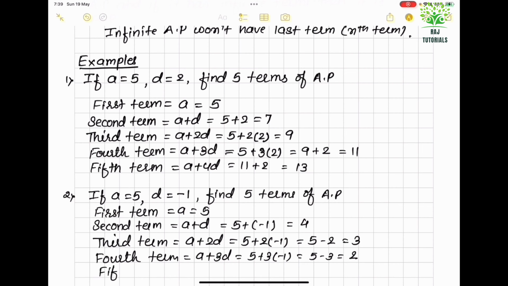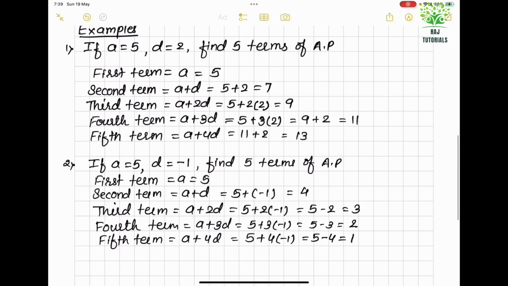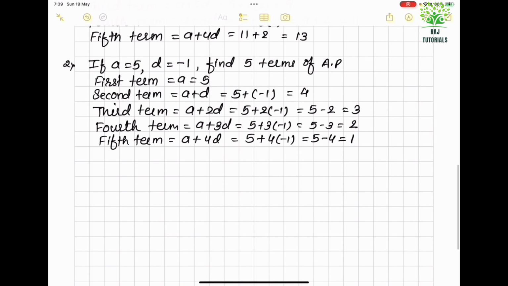And the fifth term A plus 4D, 5 plus 4 into minus 1, that is 5 minus 4, that will be 1. Now if I am asked the 6th or 7th term, the 6th term will be 0.